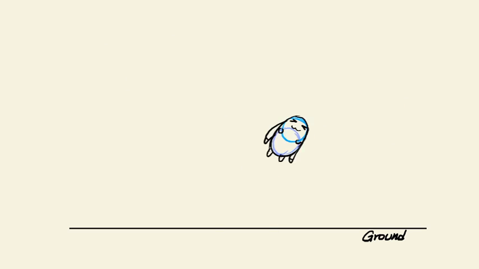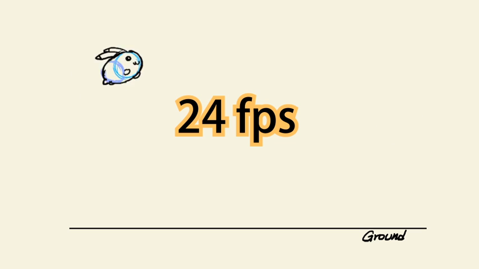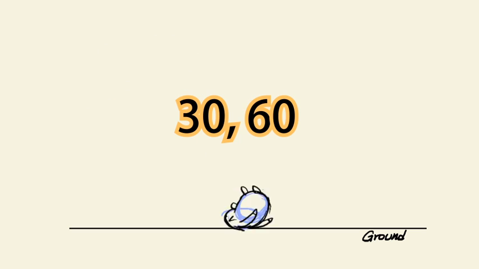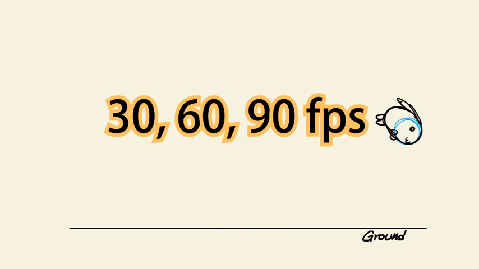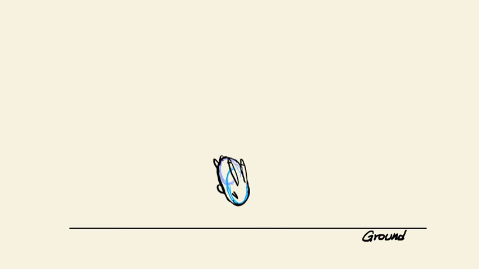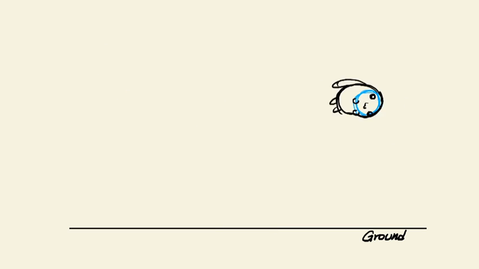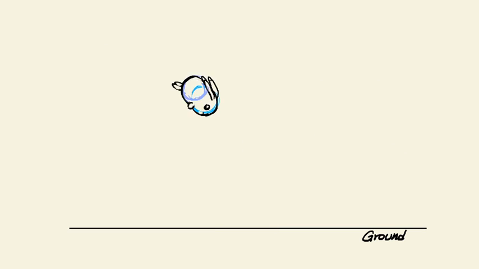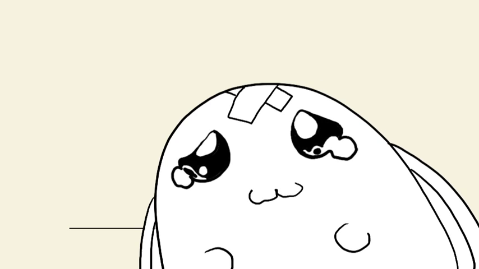Even though 24 frames per second is the classical frame rate, now with computer we can have 30, we can have 60, we can have 90. I like sticking with 30, which is easier to figure out exactly how many frames I need for a certain amount of time without using the calculator, and it's not as crazy as 60 frames per second. Okay, Ding Ding, don't hog the camera.